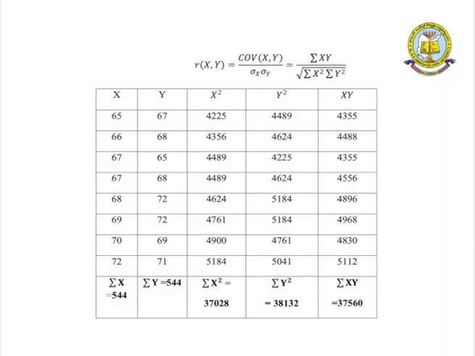38,132. Now, if I take the product of x and y, that is why this is known as the product moment relation. Product moment relation means summing over x and y. You add this, and the total summation xy is equal to 37,560.